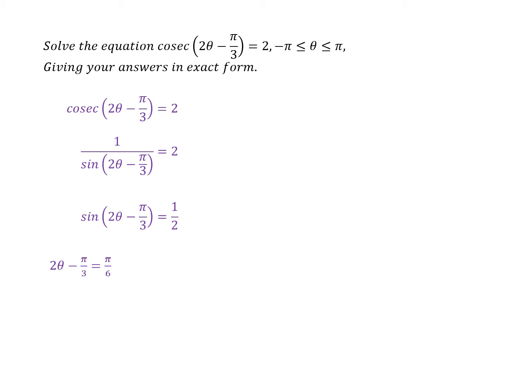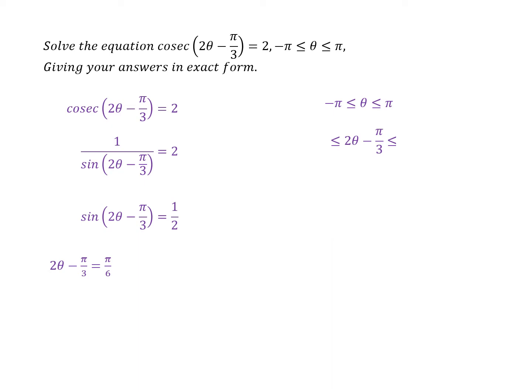Now, I'm resisting the temptation to work out the first value of theta. Instead, what I'm going to do is look at the domain over which we are solving this equation. So if theta is between minus pi and pi, we've got to solve this for 2 theta minus pi over 3. So what are the limits for 2 theta minus pi over 3?